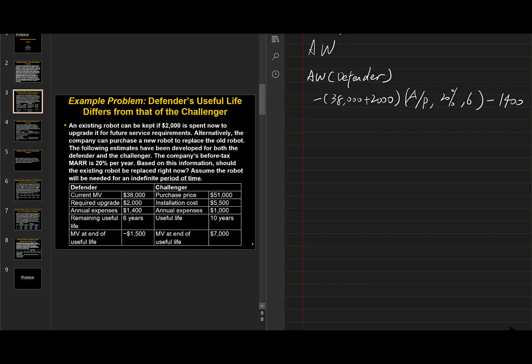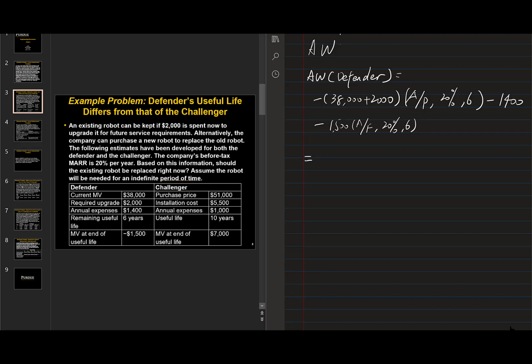Since it's a future value, we need to transfer that back to the annuity. So given the negative market value at the end of useful life, we take that to the annuity, given the future value, 20% and 6 years.